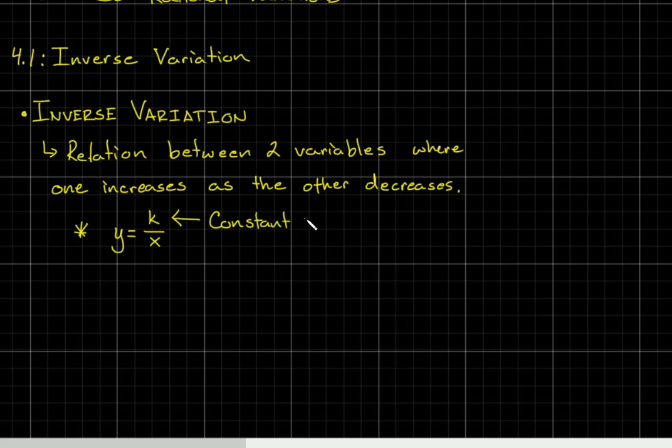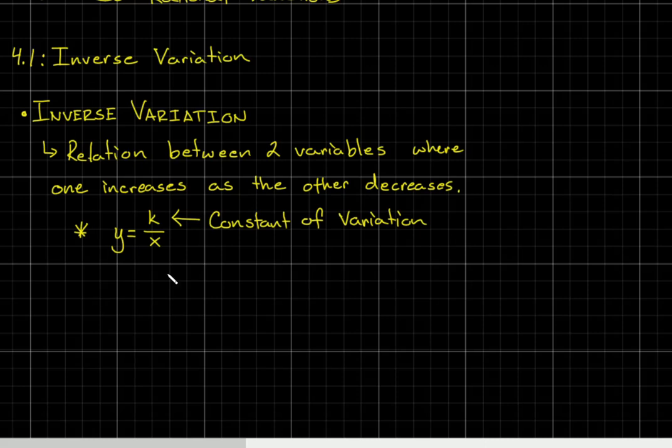It's called our constant of variation. So that's it. As x gets bigger, y gets smaller, or as x gets smaller, y gets bigger. Those are the two things. Every single model will have this form.